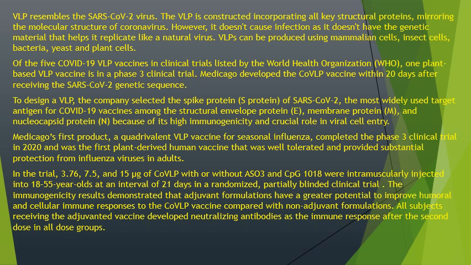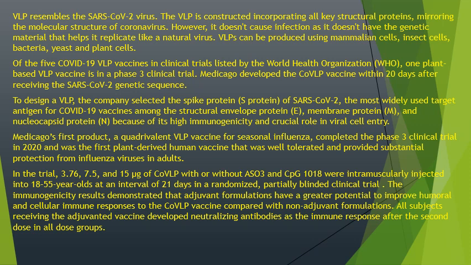To design a VLP, the company selected the spike protein of SARS-CoV-2, the most widely used target antigen for COVID-19 vaccines, among the structural envelope protein, membrane protein, and nucleocapsid protein, because of its high immunogenicity and crucial role in viral cell entry.